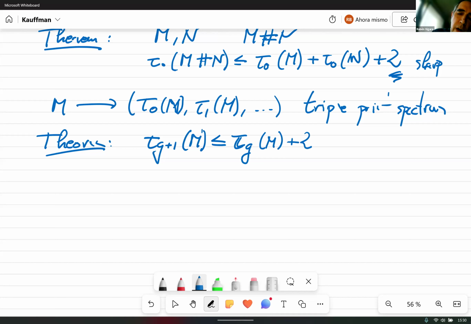And if we have the strict inequality, it implies that the number of exterior regions is reduced.